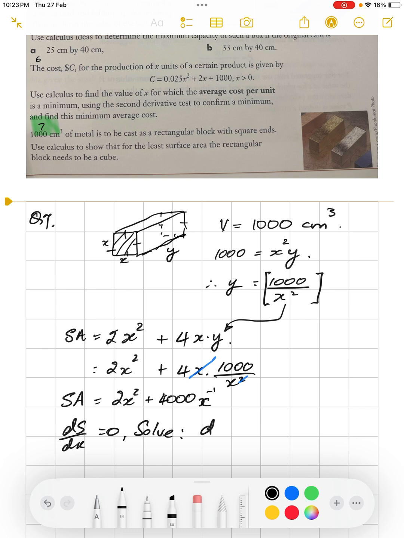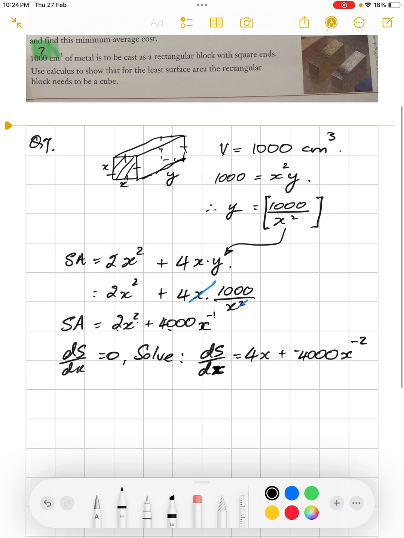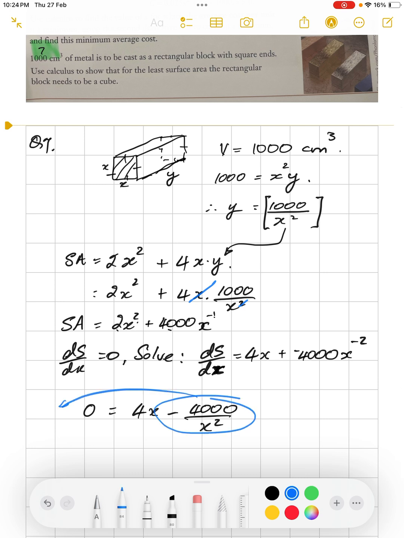So we've got the derivative of s equals function of x is 2 times 2 is 4x, and negative 1 times 4,000, x to the negative 2. Okay, we let that equal to 0, so 0 equals 4x minus 4,000 over x squared. I like taking the negative over to be positive, so that becomes 4,000 over x squared equals 4x.